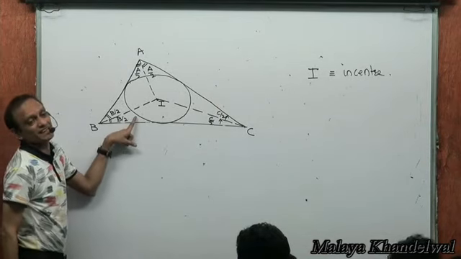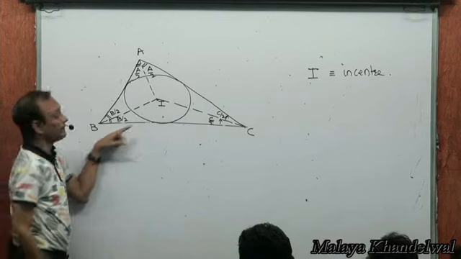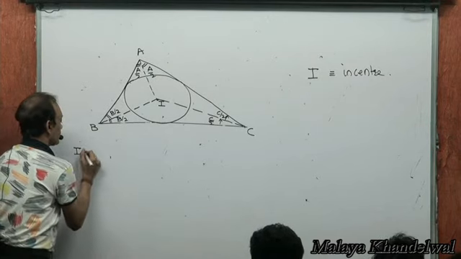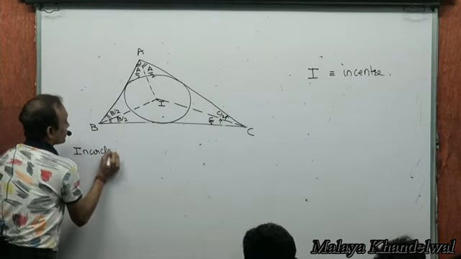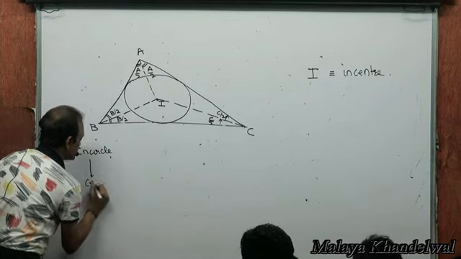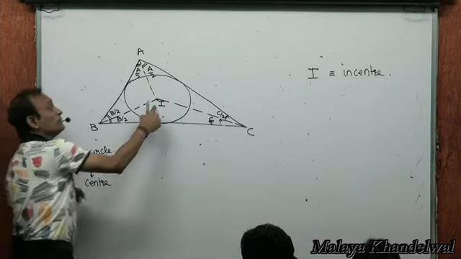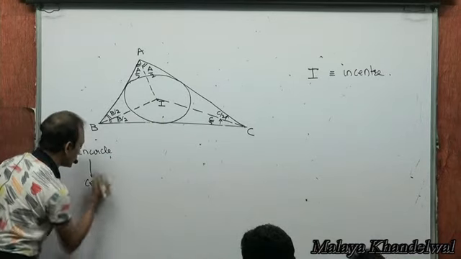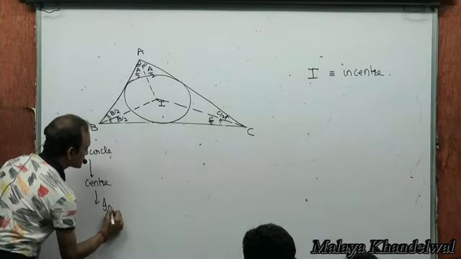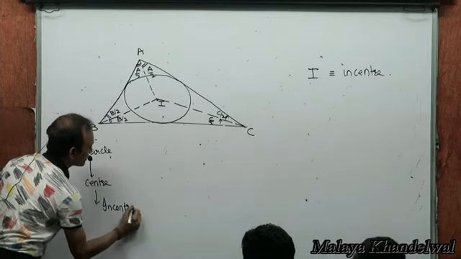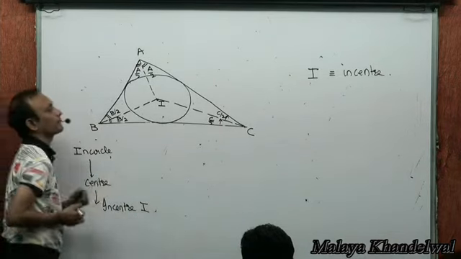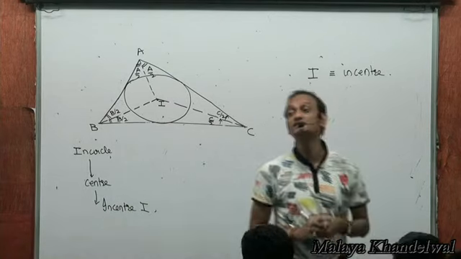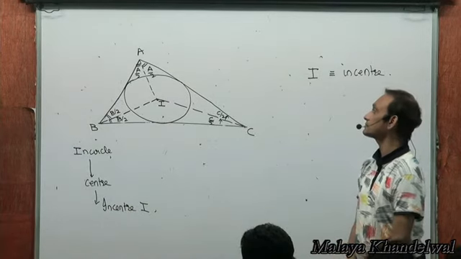This is the incircle. The incircle has its center synonymous with the incenter. The center of the incircle is the same as the incenter of the triangle, I, which is the intersection of the three internal angle bisectors.